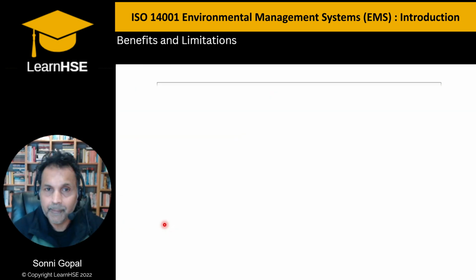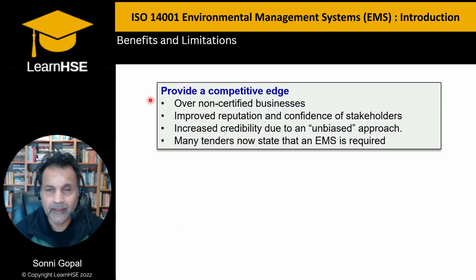Other benefits include that it provides a competitive advantage over other companies that are not certified. It also helps towards improving reputation and confidence from stakeholders. They feel that the business has pedigree. It provides increased credibility due to an unbiased approach, and many tenders nowadays also state that an EMS is required, so this puts you ahead on the curve.